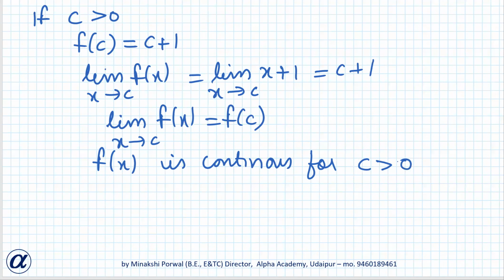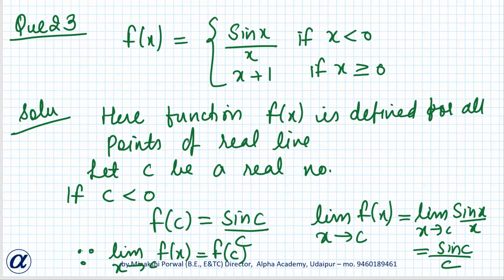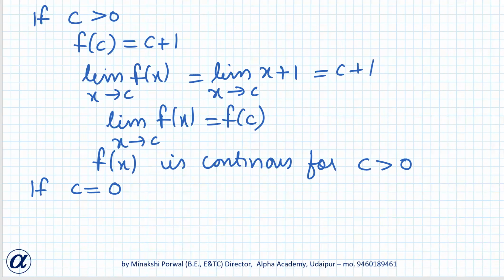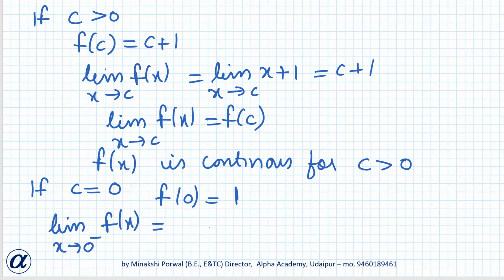Then third case, if C is equal to 0. So f(0) will be equal to 1. When we substitute 0 here, by definition it will be 1. So f(0) will be equal to 1, and limit x tends to 0 minus f(x) will be limit x tends to 0 minus sin x by x.